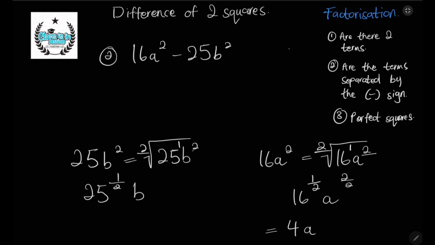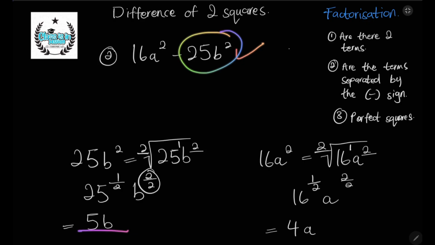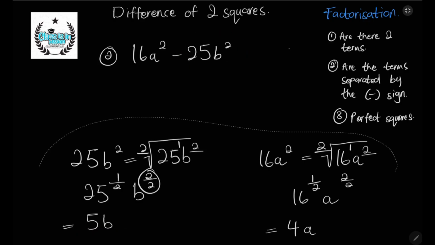Let's move to the variable. We have b, 2 over 2. 25 to the power 1 over 2 should give you 5. b to the power 2 over 2 should give you 1. Therefore, this is also a perfect square. The square root of 25b squared is 5b. So we do have perfect squares.